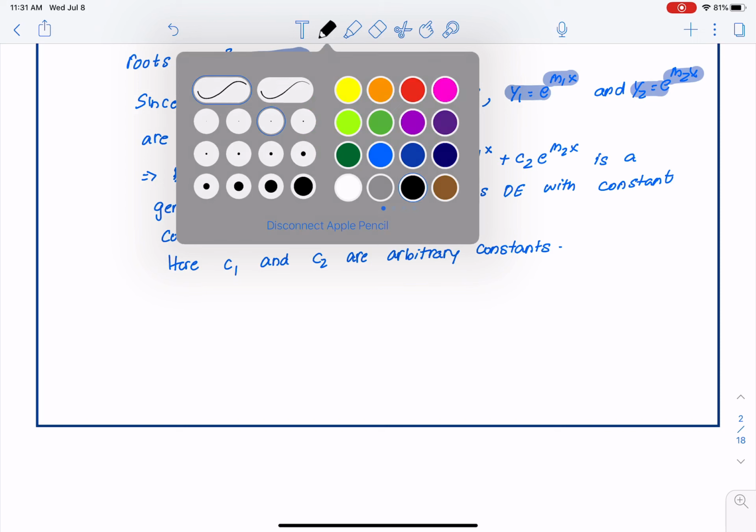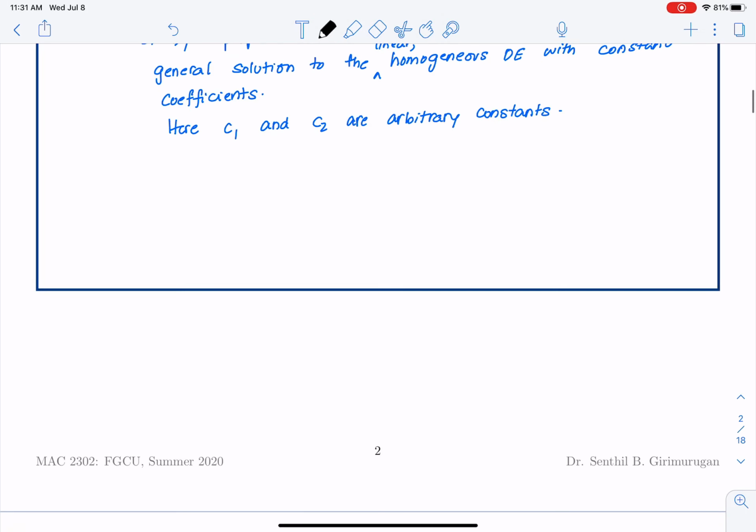So case 2 is real and equal roots. What do I mean by that?